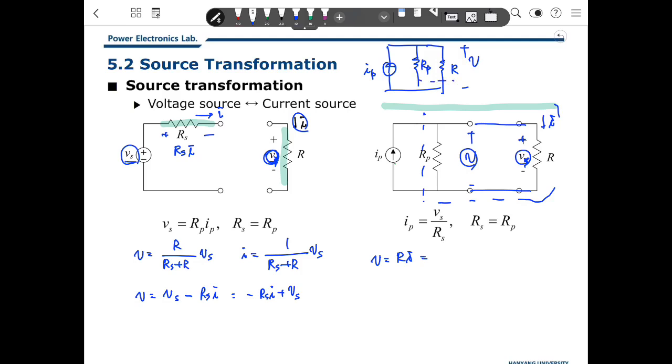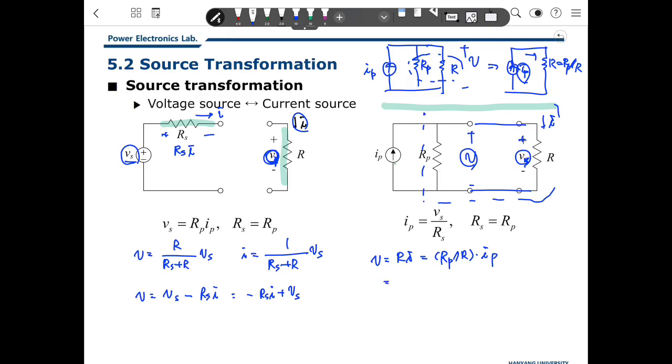That means that circuit can be changed to here. Ip, R is Rp parallel R. So V is Rp parallel R times I, and I is Ip. Why? This is a current source Ip.